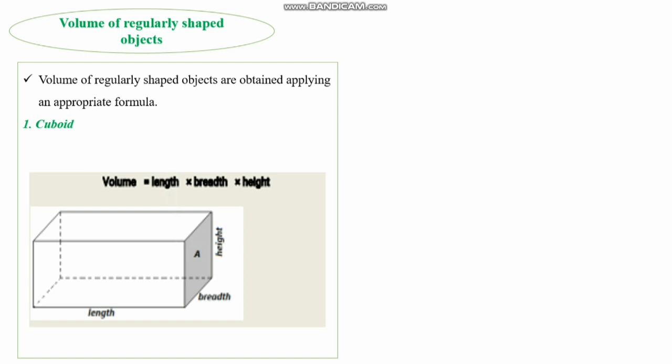A cuboid is a special type of rectangle that is extended, so all sides are not equal. To calculate the volume, we multiply length times breadth times height. All the 3 dimensions are special types of length, so it is length times breadth times height, and that is how we calculate the volume of the cuboid.